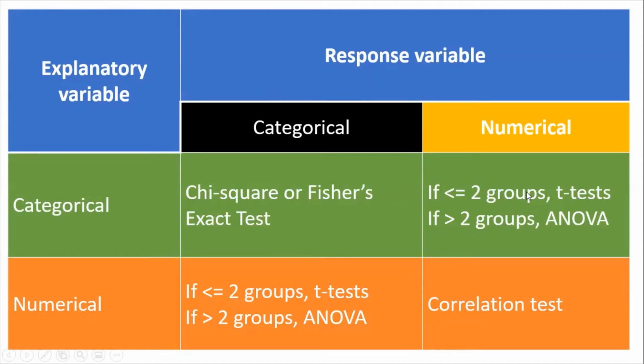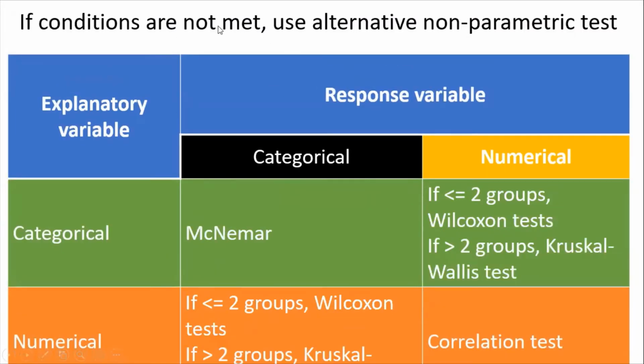But anyway, these are not important. So first, based on the type of data you have, we need to think about the test and check its conditions. If the conditions are met, then it is okay. If they are not met, then we can use alternative tests.